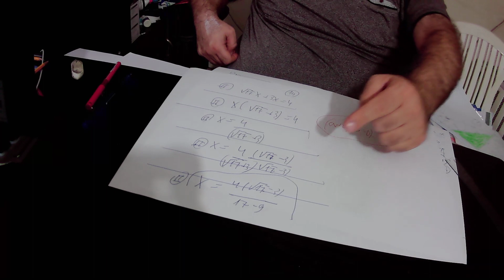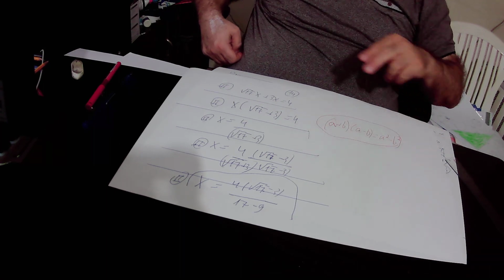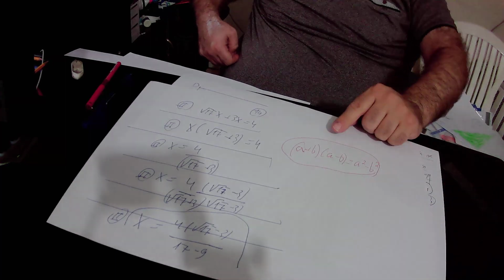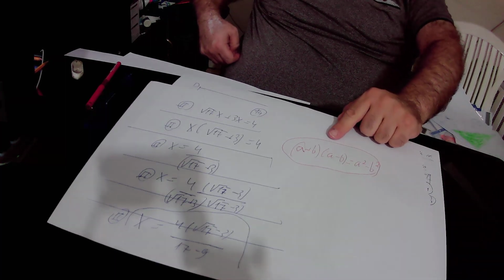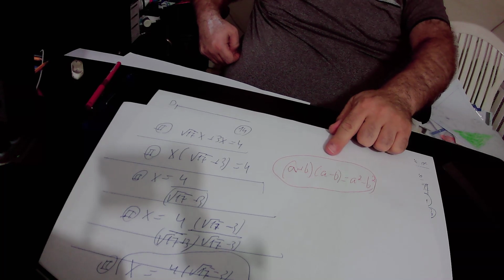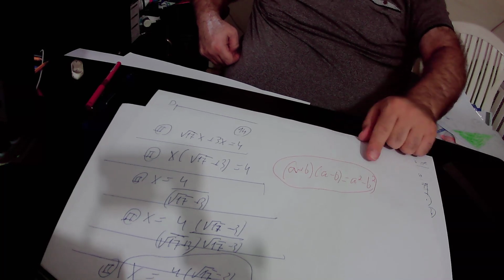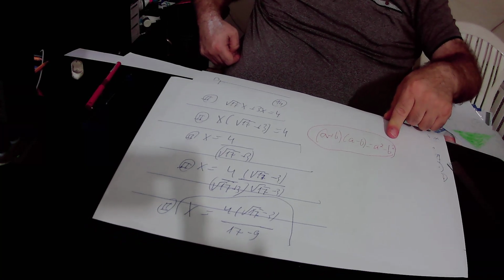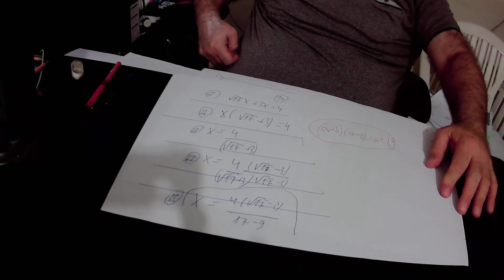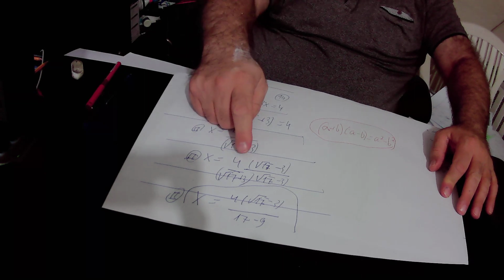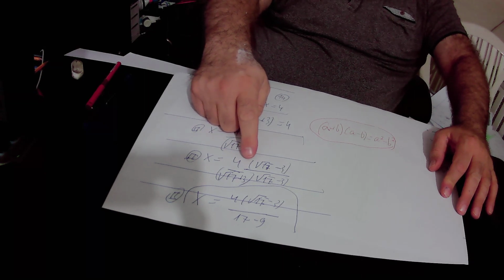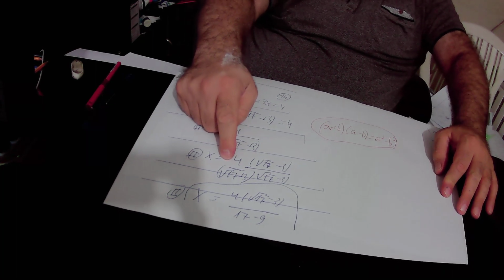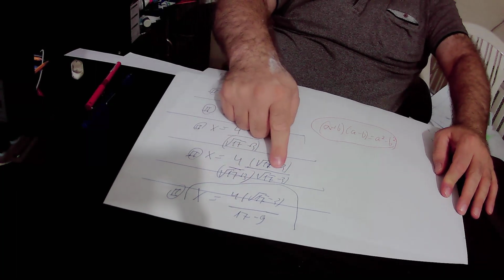So here we got this expression, and we found the value of this expression according to the algebraic identity that states that a plus b times a minus b equals a squared minus b squared. So according to this algebraic identity, square root of 17 plus 3 times square root of 17 minus 3 will be equal to a squared is 17 and minus b squared is minus 9.